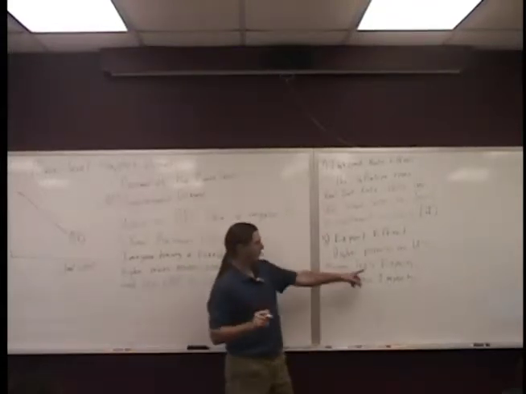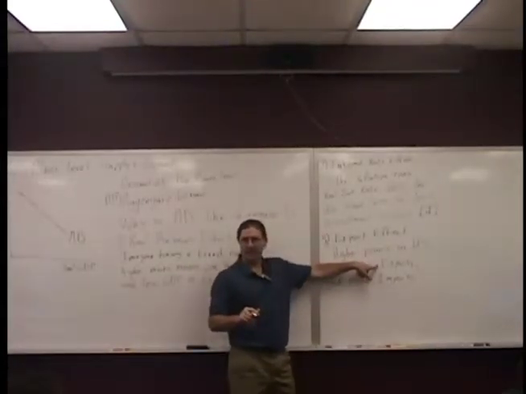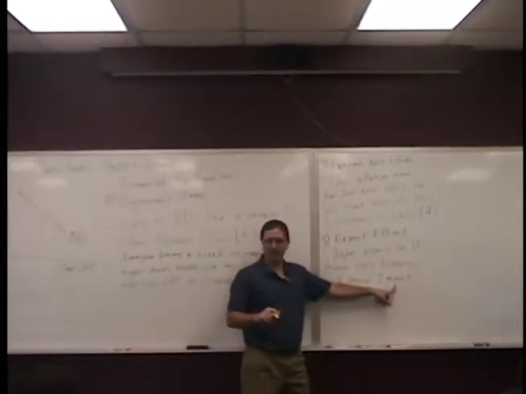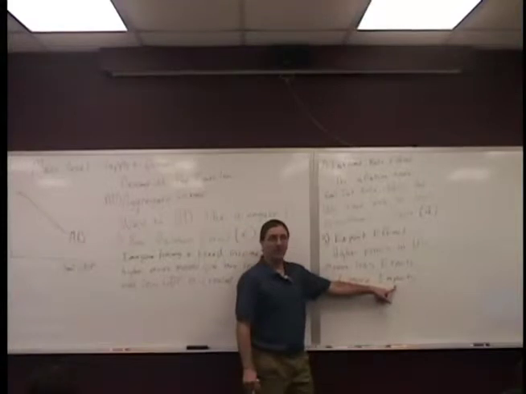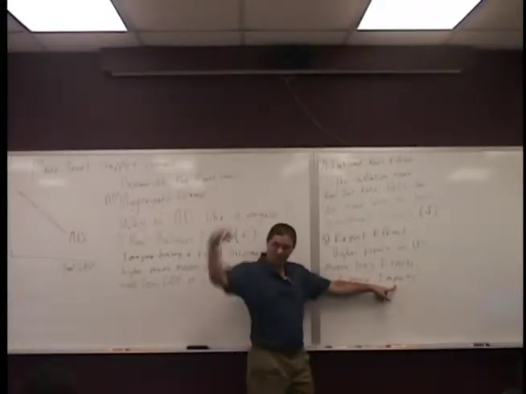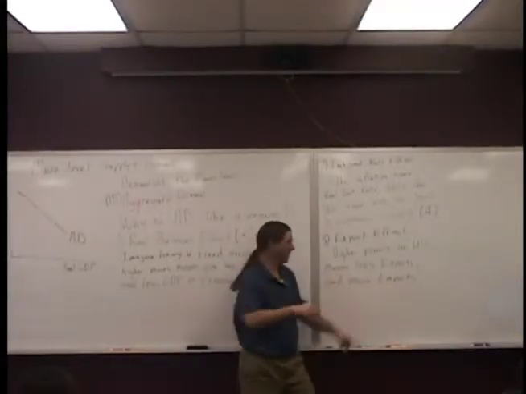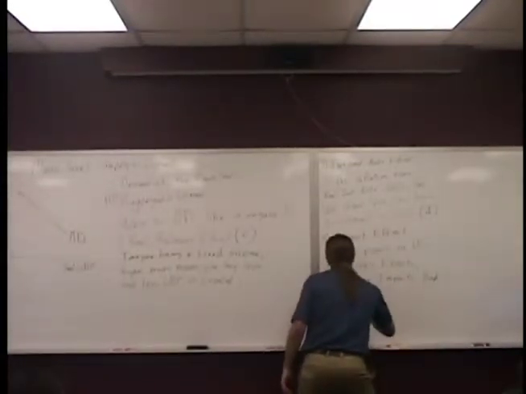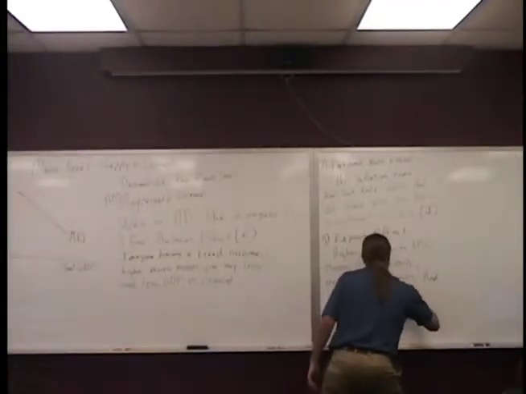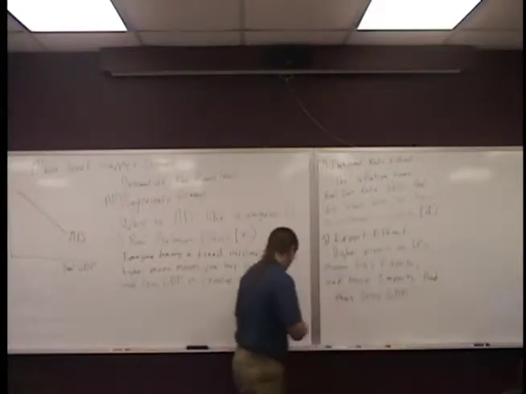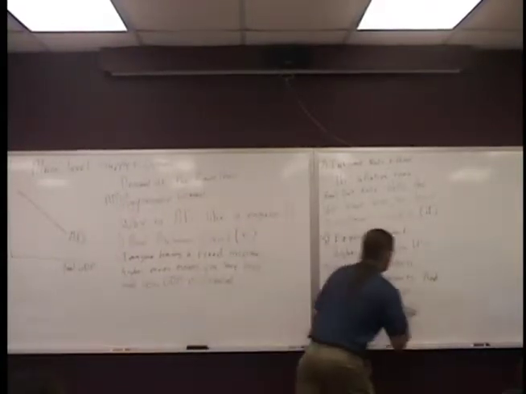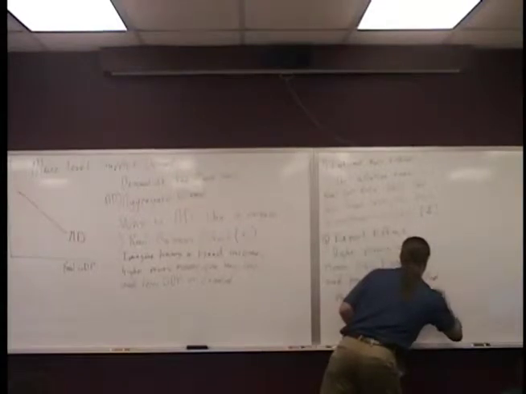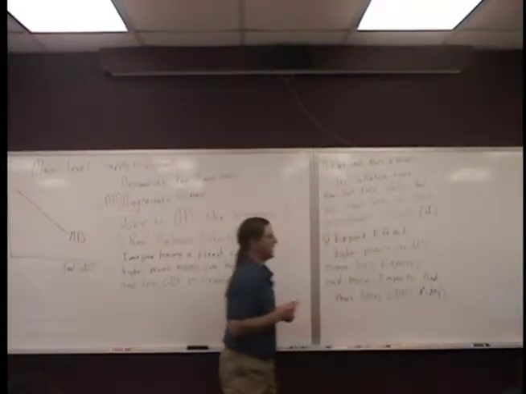But either way, remember, exports has a plus sign in front of it. What does imports have in front of it? Minus sign. So if we have more imports, what happens to GDP? Right? And thus less GDP. And again, this last one is the x minus m portion.